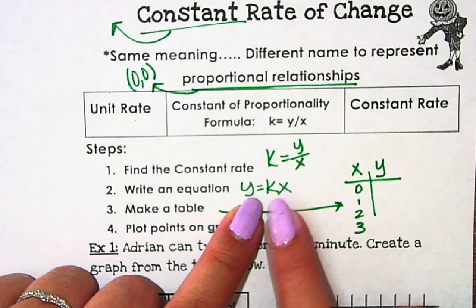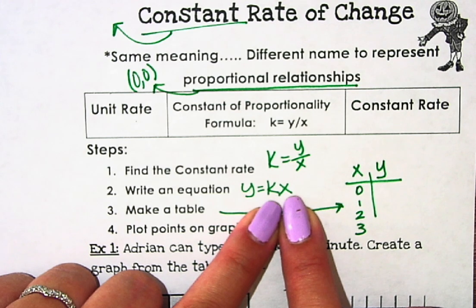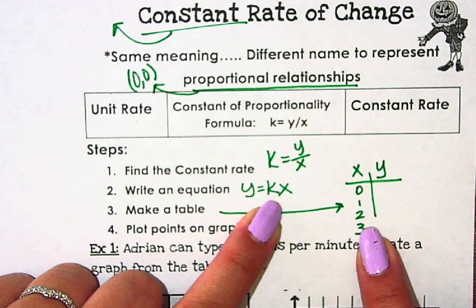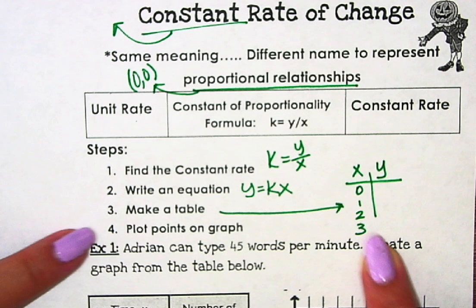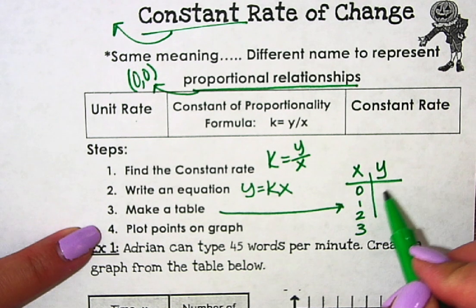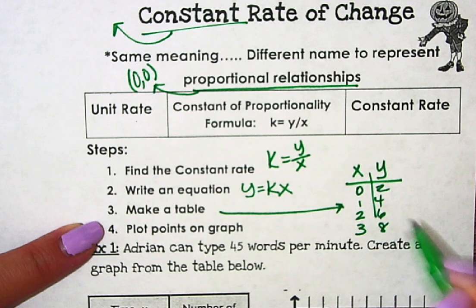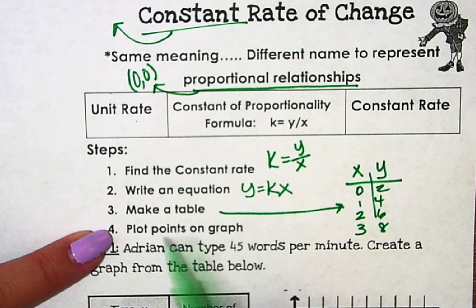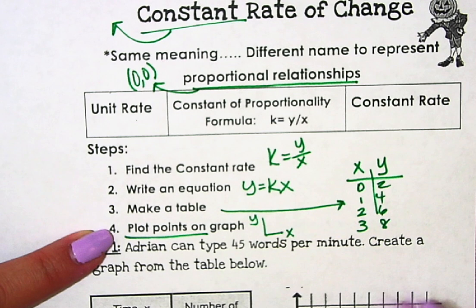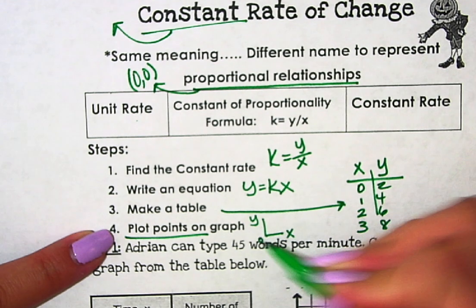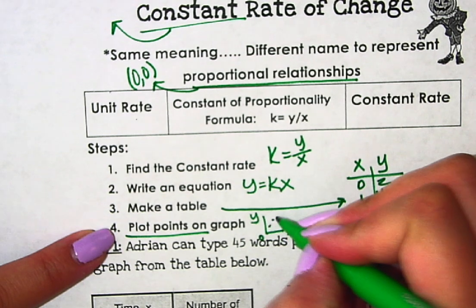After we found our K, our constant rate, we would just multiply it by X, and our X values are right here. Again, I'll go into detail when we start doing examples. Okay, so after we get our points, let's say this is 2, 4, 6, 8, then we just plot it on the graph. Start at 0, and we just put dots on the graph.